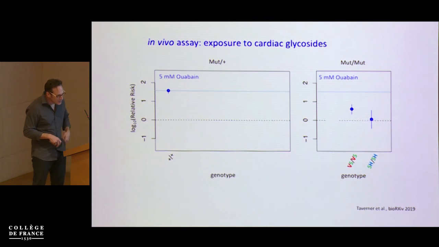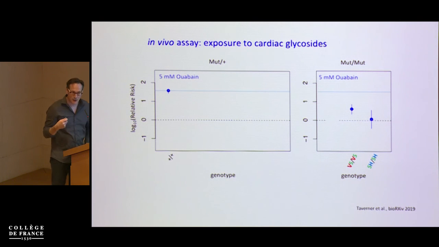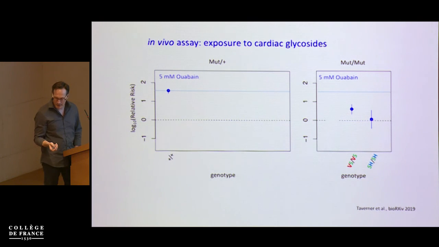So plotted here is the relative risk of death for a given concentration of cardiac glycoside. Here we're picking 5 millimolar ouabain. And this 5 millimolar ouabain is sufficient to kill all wild-type flies after 7 days.